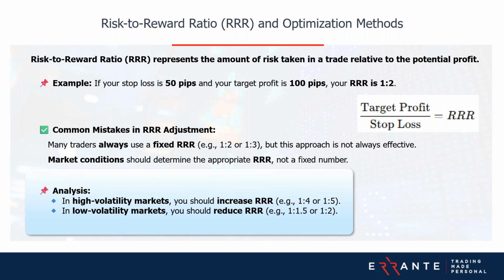There is a very good saying: in high volatility markets, when we see big price swings and strong momentum, there is more potential for large moves. So we should increase RRR, or we are allowed to do that. For example, instead of a 1-to-2 RRR, we aim for 1-to-4 or 1-to-5, when we see price bouncing back from a significant key price level, or we see a breakout of a range with a very large body candle.